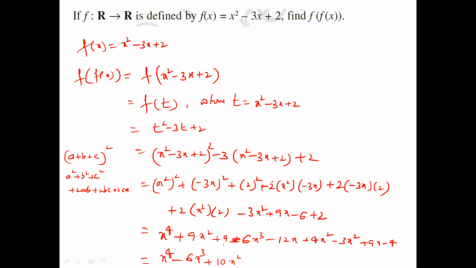Next, we have to consider the x only. Minus 12 plus 9, what is the value? Minus 3x. Next, here 4 and here minus 4 get cancelled. So this is the required answer. Please note it down.